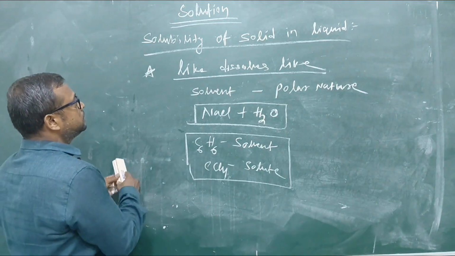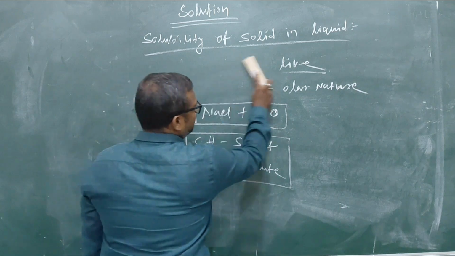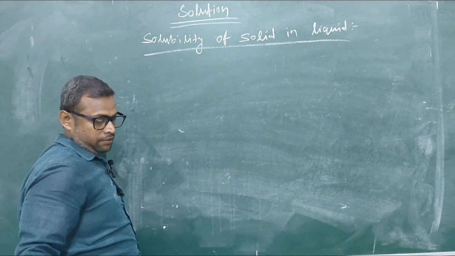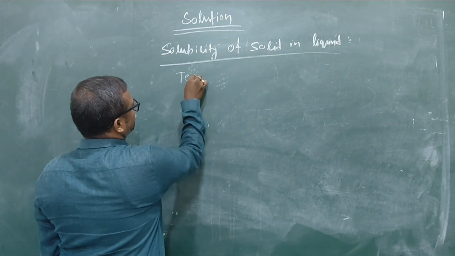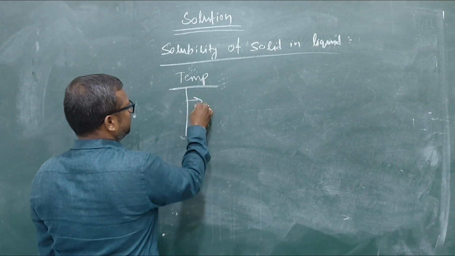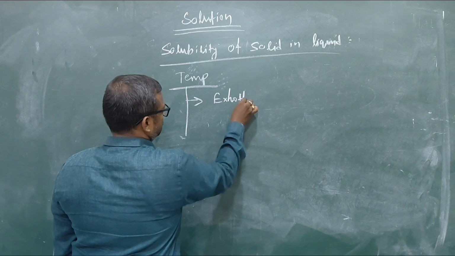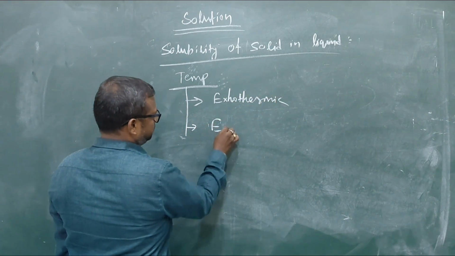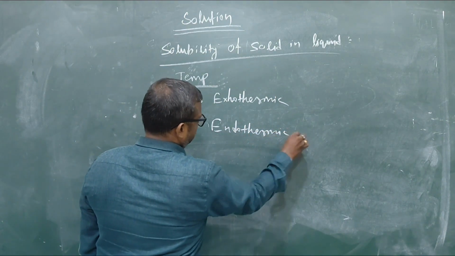Then the second one is temperature. Next is effect of temperature. On the basis of temperature there are two types of reaction, one is exothermic and the next one is endothermic.